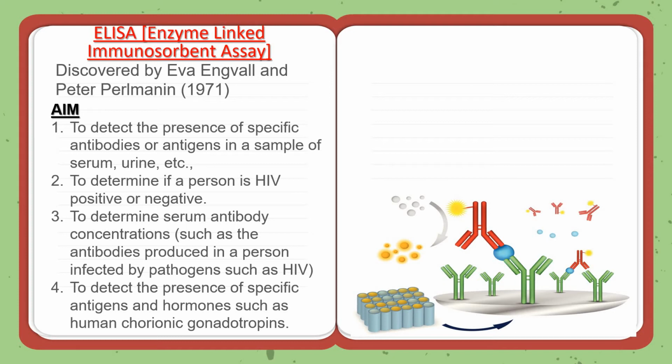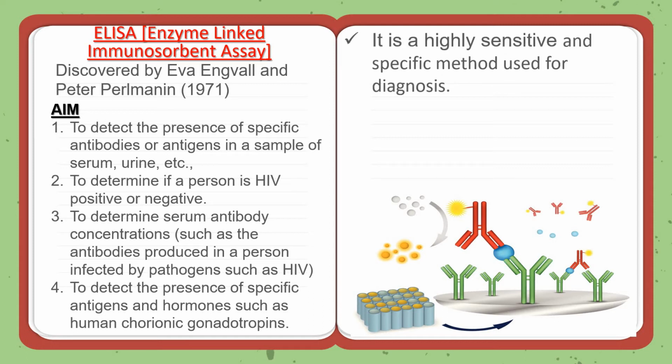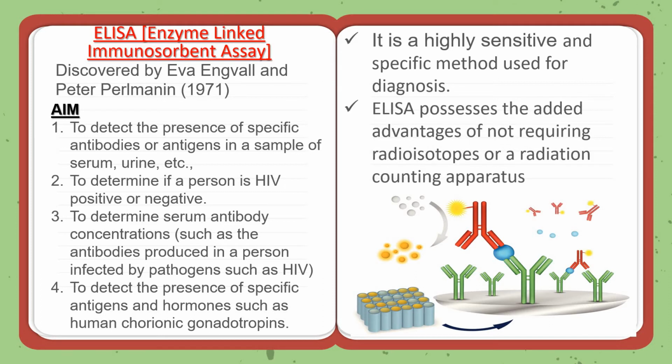When you study ELISA, it is more related to the second point, that is to determine if a person is HIV positive or negative. The third point is to determine serum antibody concentration, that is how much of the particular antibodies a person can produce when the HIV pathogen enters inside. The fourth point is to detect the presence of specific antigens and hormones such as human chorionic gonadotropin.